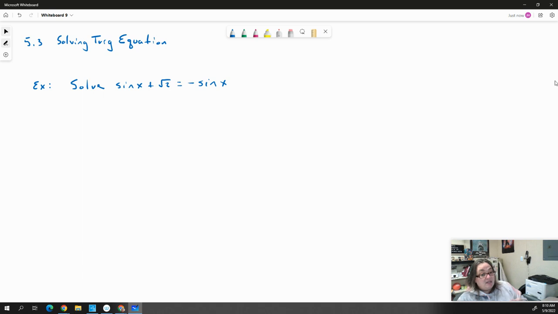And so we're going to use that same theory. We're going to try and get all of the sine of x over to one side of the equation and then move everything else over to the other side of the equation and then just simplify it as best we can. So the first thing I'm going to do is take this minus sine of x and add it to both sides.